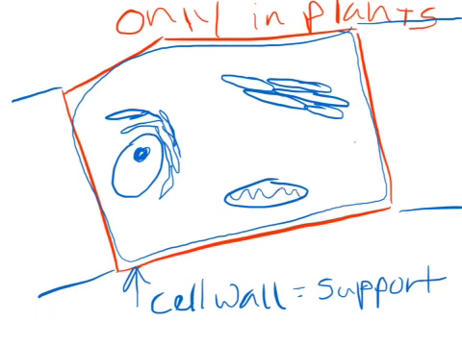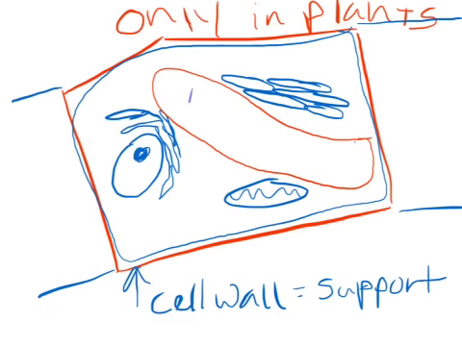A plant cell, instead of having many small vacuoles, has one large central vacuole. And inside that central vacuole, they store food, but especially water, H2O. And the last part that all plant cells have is an organelle called a chloroplast.